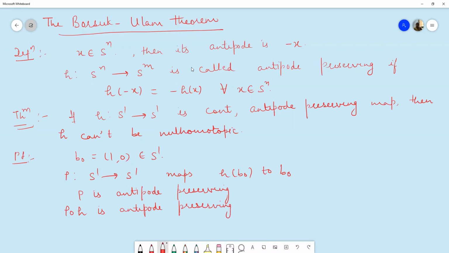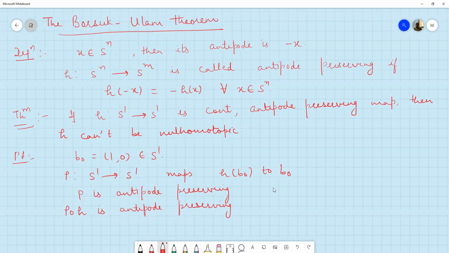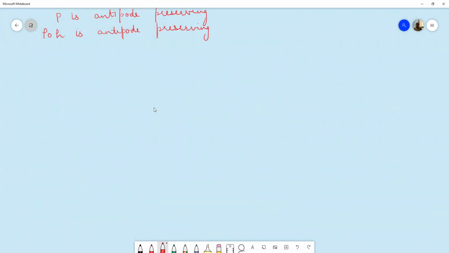Now if we assume that H is null homotopic, which means H is homotopic to a constant map, and suppose capital H is the homotopy between H and the constant map, then rho circle H is also homotopic to a constant map.